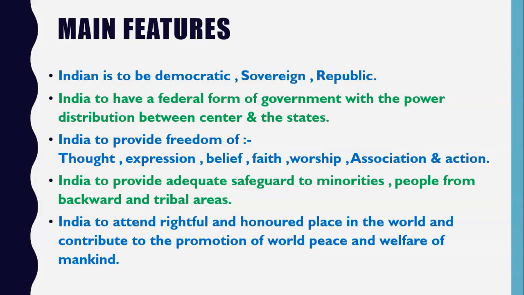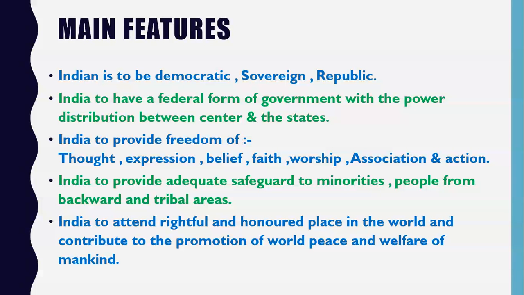Federation means a system of government where there are two levels of government: one government at the central level and one government at the state or province level. Both the governments have equal power. There is a clear-cut distribution of power between the central government and the state government. None is subordinate to the other, none is inferior to the other.